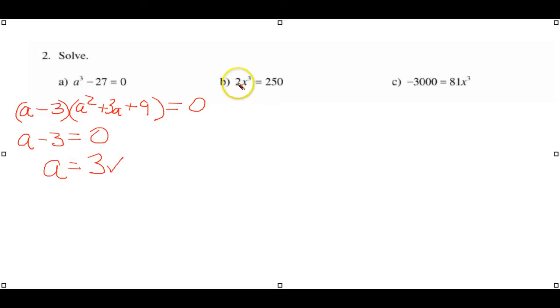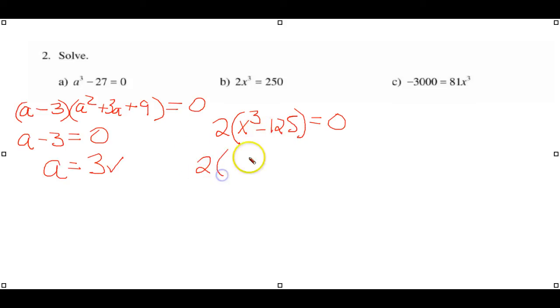Now here we want to factor out the 2 and then bring that over to this side. So we get x to the third minus 125 equals 0. We're transposing this, then factoring out the 2. So this becomes then 2 times, minus there, plus there. This is going to be x minus 5.